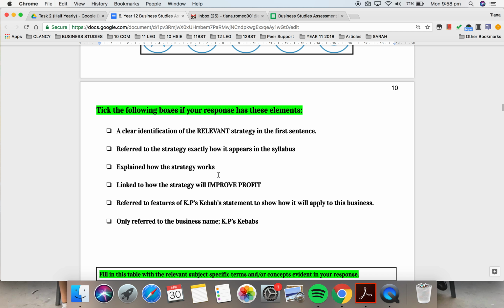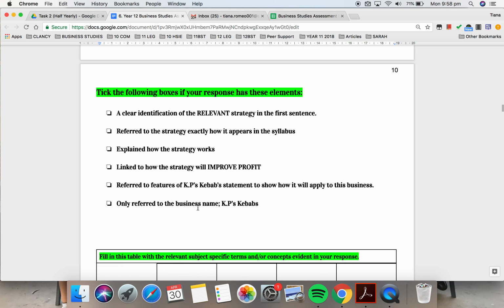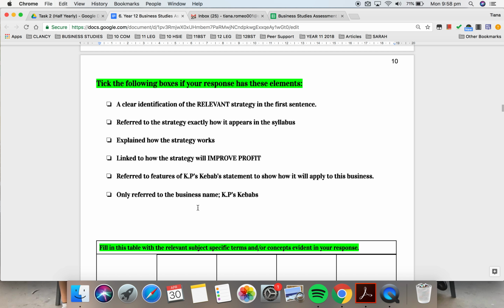Explained how the strategy works. Linked to how the strategy will improve profit. Referred to features of KP's Kebab statements to show how it will apply to this business. And only referred to the business name KP's Kebabs. So you might have just referred to KP's Kebabs but not actually shown how it will work for KP's Kebabs. If that was you, then tick that box.